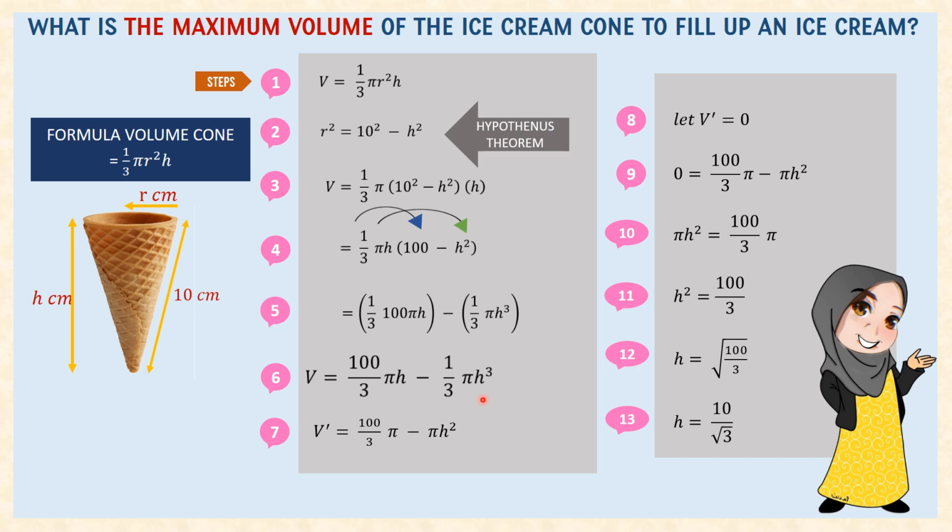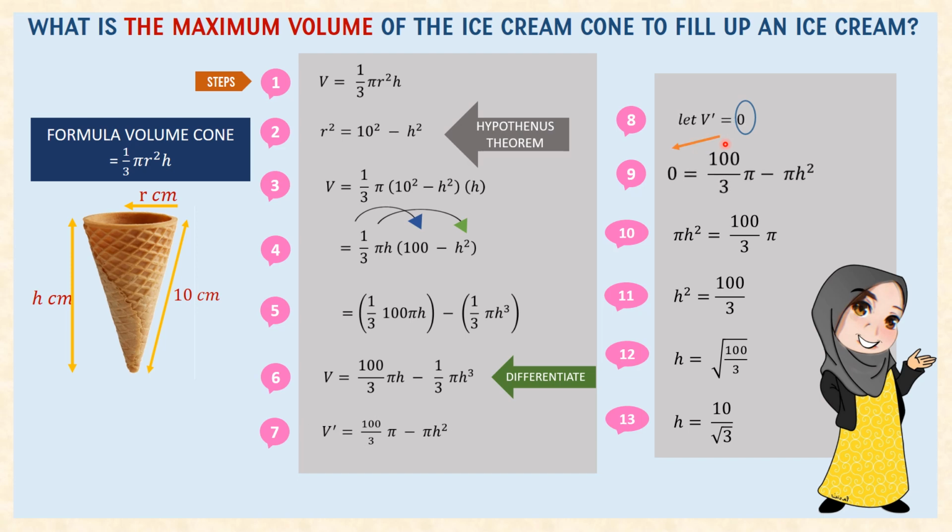Next step is, we have to differentiate the volume. So V prime is equal to 100 over 3 pi minus pi h squared. Let V prime equal 0. So 0 is equal to 100 over 3 pi minus pi h squared. Bring negative pi h squared to the other side.